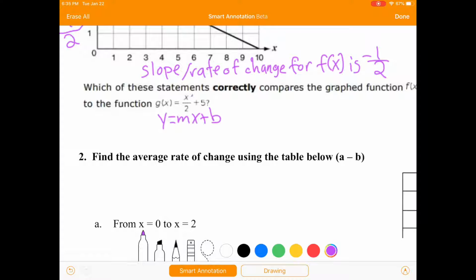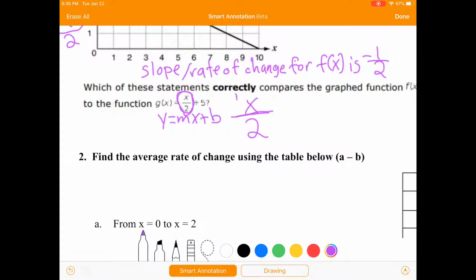So we've got to talk about how this can be separated out, the x divided by 2. Well, we're going to rewrite it over here so we can talk about it. What is understood in front of the x? If we multiply any number by this one specific number, you're going to get the same exact thing.